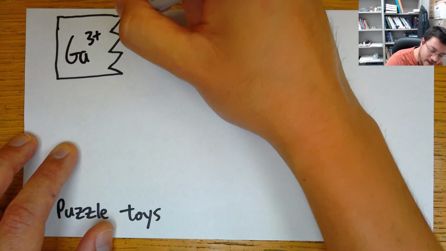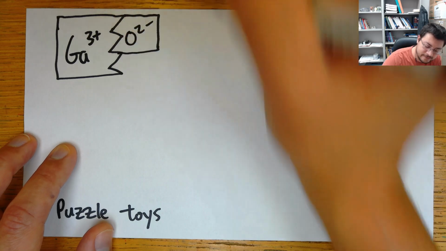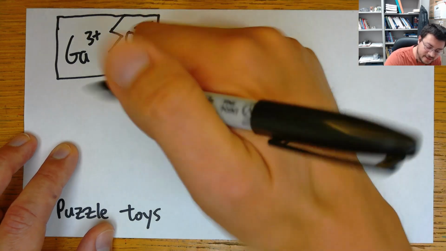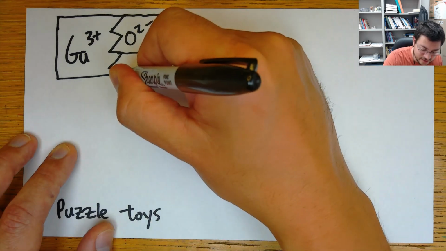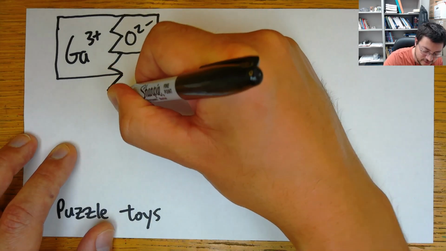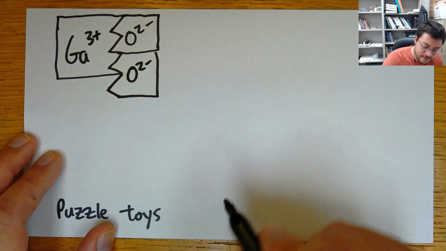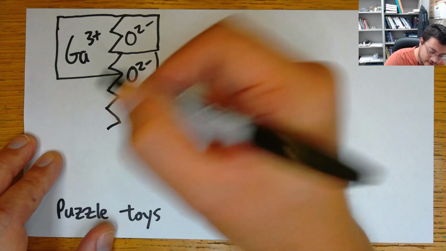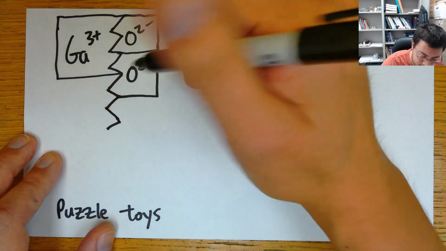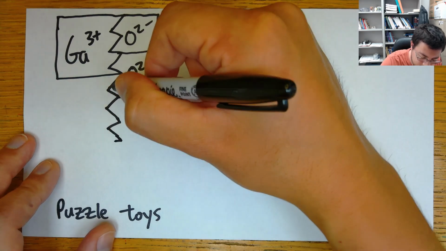And then you'd get an oxygen with 2 outward pointing teeth. Then you see that they don't line up the same, so you'd have to get another oxide tooth. But that doesn't line up either, so you need another gallium tooth. Let's see if I did that right. There we go.